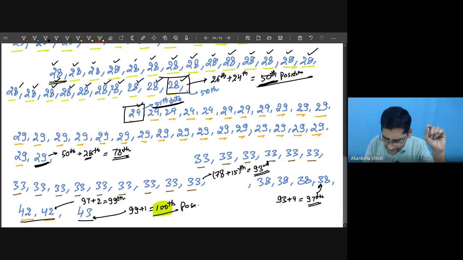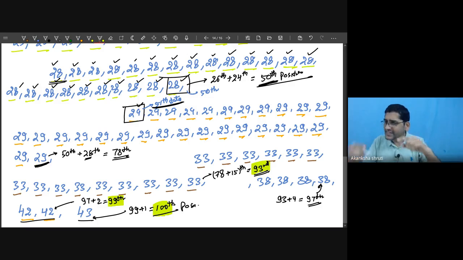Just before 100 it was 99, which is the addition of frequency up to the data 42, coming before that. 93rd is the addition of frequency up to the data 33.